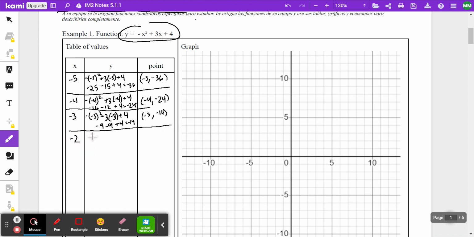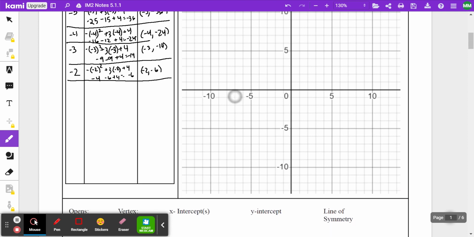Okay, -2. Negative of -2 squared plus 3 times -2 plus 4 is negative 4 minus 6 plus 4, that's negative 6. So the point negative 2, negative 6 should be on my graph. That one will fit. Okay, negative 1. Negative of negative 1 squared plus 3 times negative 1 plus 4 is negative 1 minus 3 plus 4. That's 0.